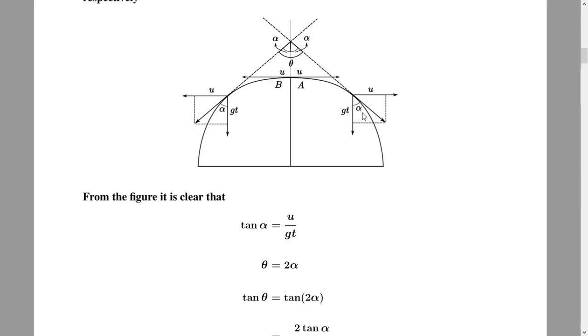Now we know what tan alpha is because tan alpha is u by gt, and we know theta equals 2 alpha.